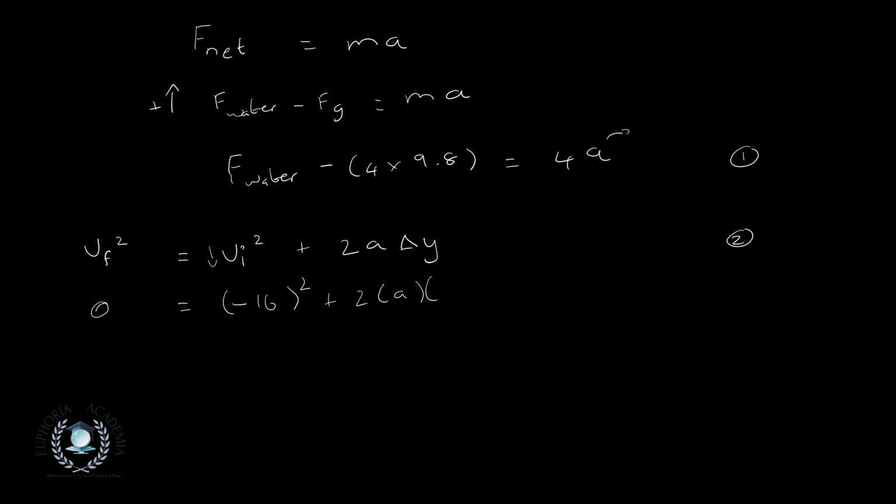Now our delta y is moving from 0 meters to minus 0.8 meters, because we go down 0.8 meters, and as established, we took up as positive. While we do some maths, we're going to find that our acceleration is 160 meters per second squared. Let me just quickly check these calculations.